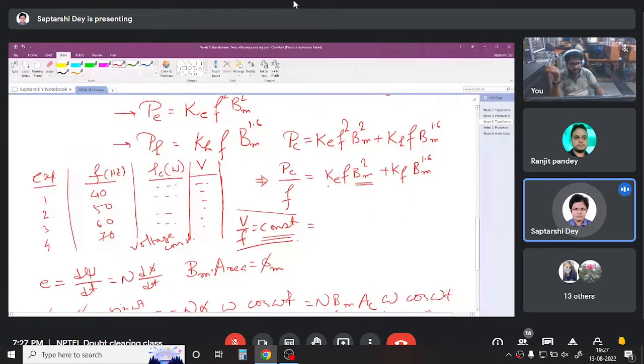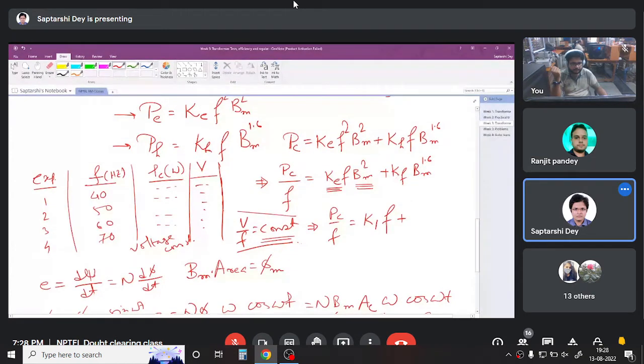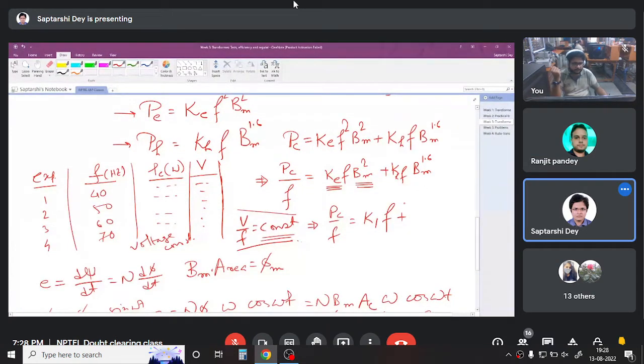So this Ke, which is the eddy current loss constant, and Bm, this is another constant. These two we can combine and write another constant, say K1, F plus K2.